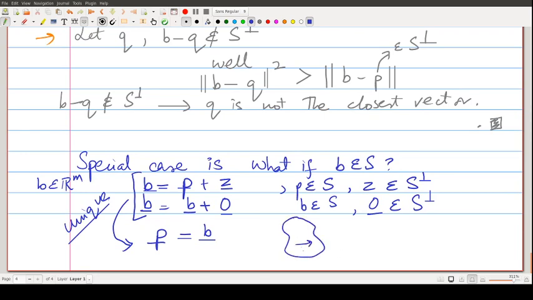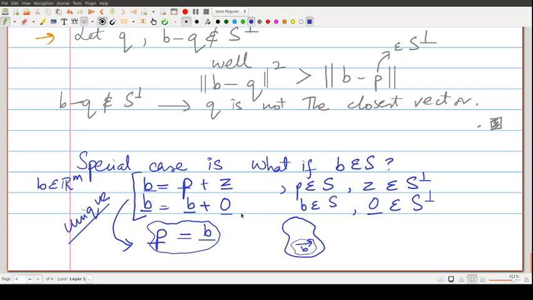If my vector is in this subspace and I'm looking for another vector which is closest to this vector, which is also in this subspace, then I can just use this vector because it is already in the subspace. So there's nothing complicated about this case. You can immediately set p equal to b and you're done.